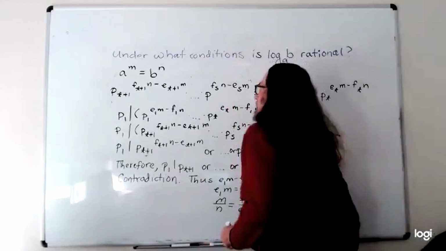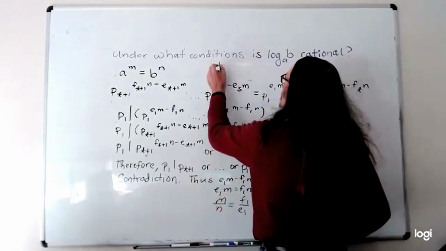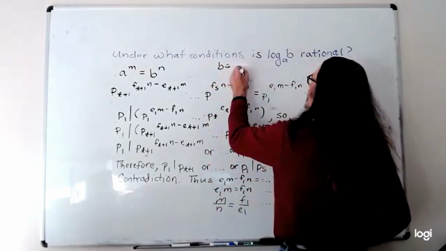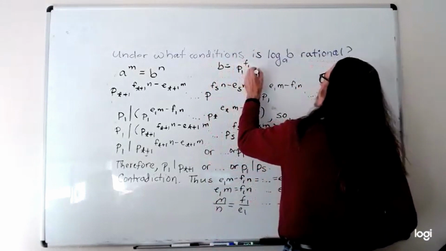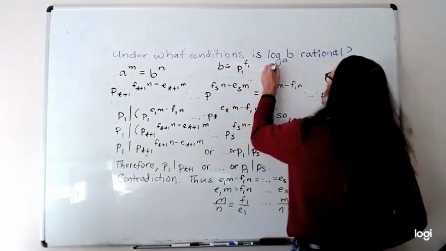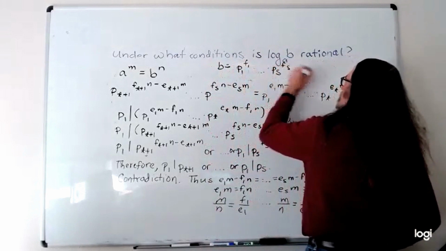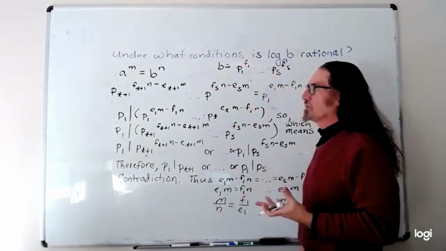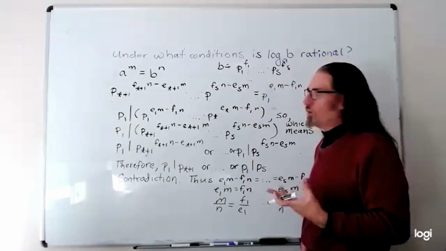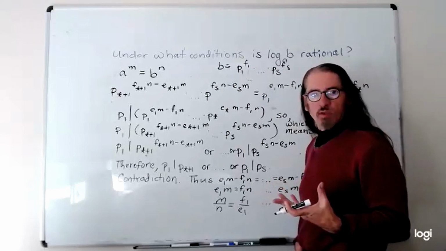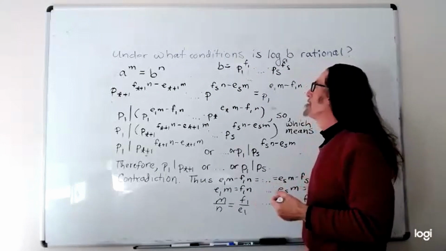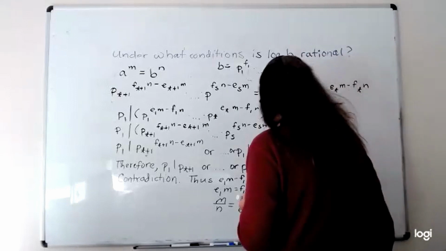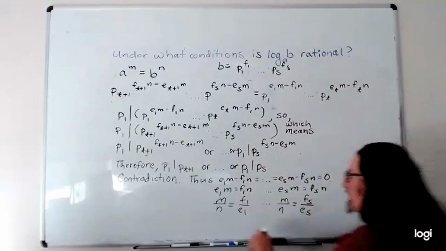All right, so we had that B was equal to this. We had all the same prime factors as in the prime factorization of A, and the question was whether the exponents could be different or not. Well, a little more rewriting here.